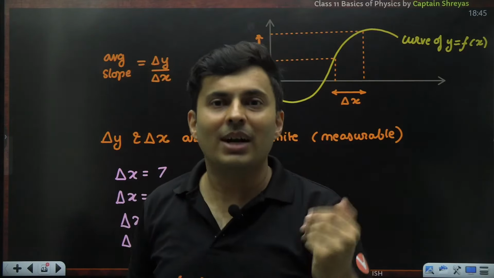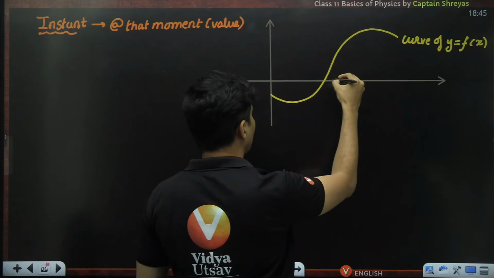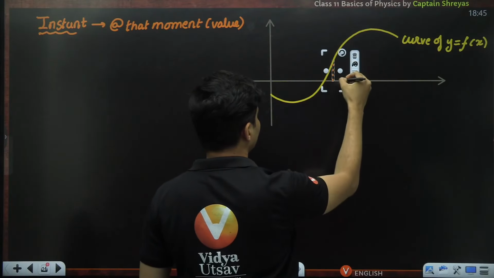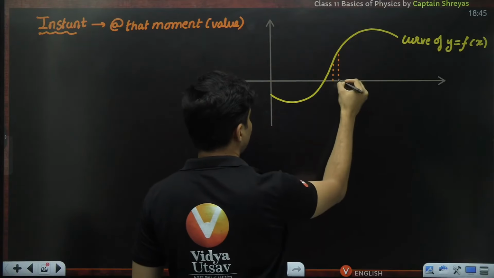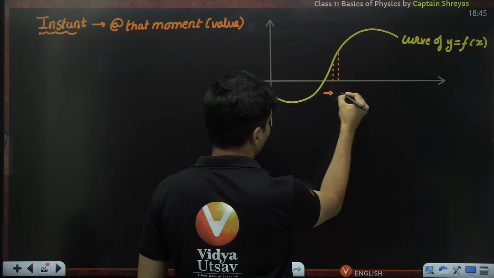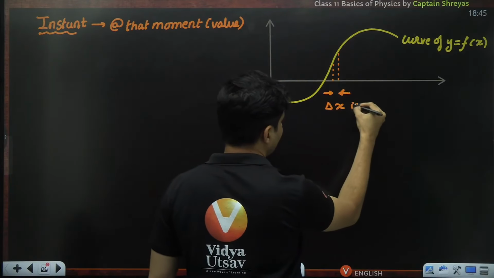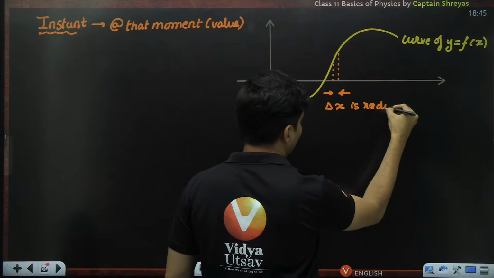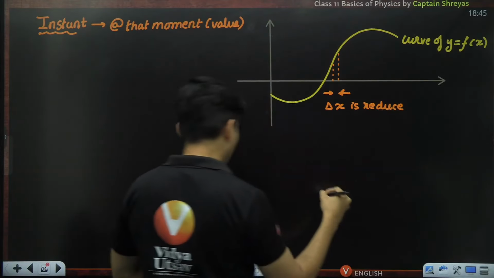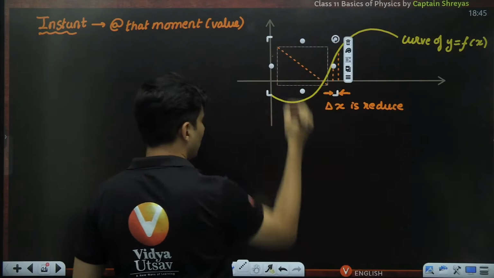So my dear students, what I need to do is I need to ensure that my x has come very close. So as you can see over here, my delta x is going to reduce. Because of this, there is a consequence. As a consequence, even the y values will come closer.